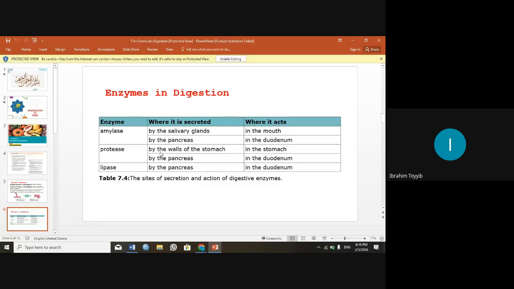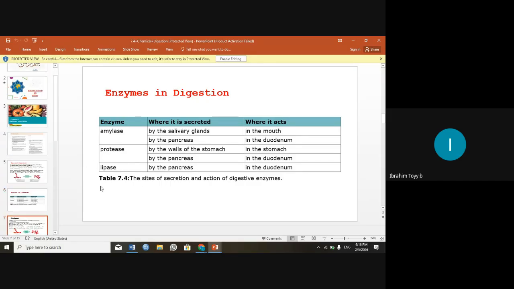Protease is secreted by the wall of the stomach, and it is also secreted by the pancreas. So this one will be pepsin in the stomach, and this one will be protease in the pancreas, and it will act in the duodenum. Lipase is secreted in the pancreas, and it is going to act in the duodenum. This part is very, very important. It is just a summary of what you have been discussing.